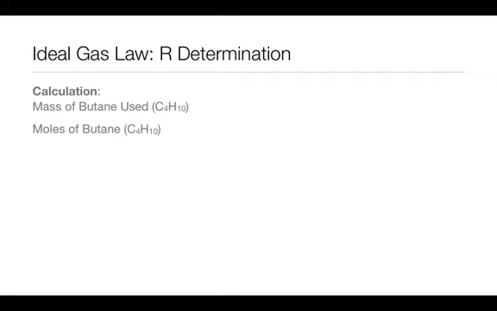Make sure you use your dimensional analysis and set the problem up so that you can show how the units cancel and get the correct unit of moles. Also, make sure you use the correct number of significant digits. I believe that you're going to have 4 significant digits in the mass of the butane after you've done the calculations, so you should have 4 significant digits for your moles as well.